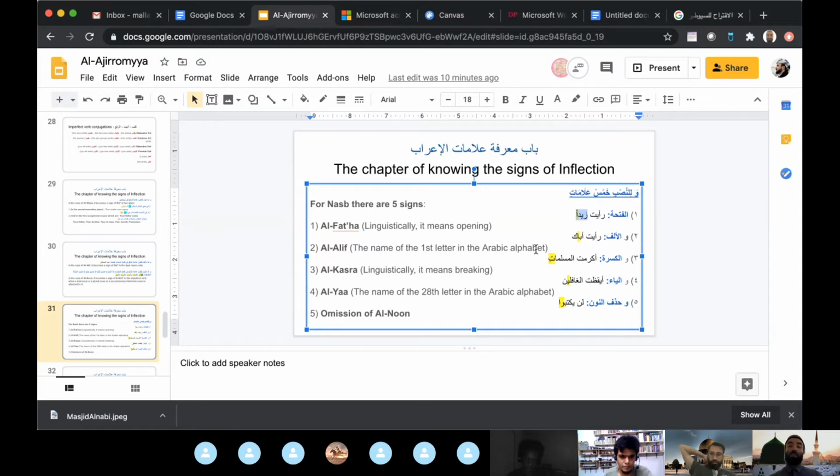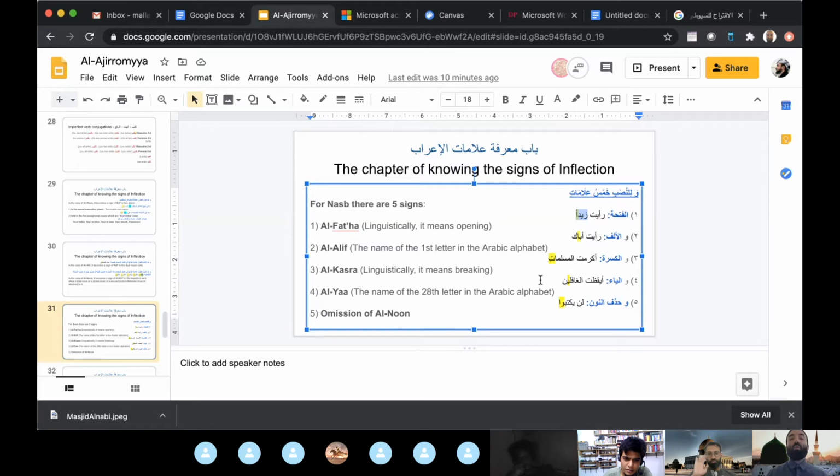Now here, I'm going to use a word that you may not be fully familiar with. So I'll try to explain it first before I start using it. Who knows what a maqtul is? Maqtul in Arabic. Who knows what a qatil is in Arabic?